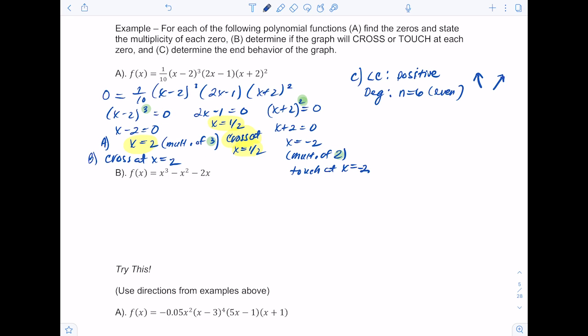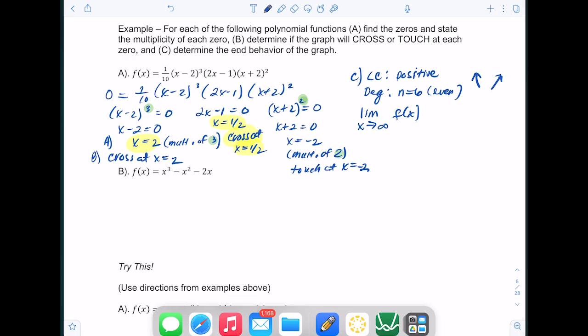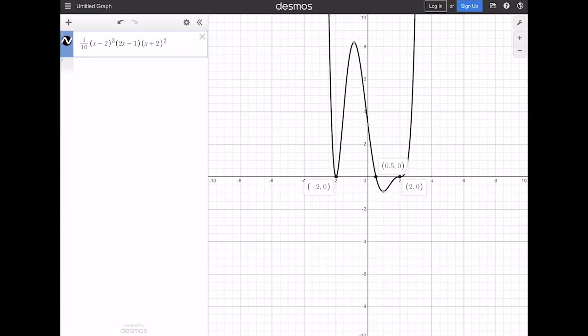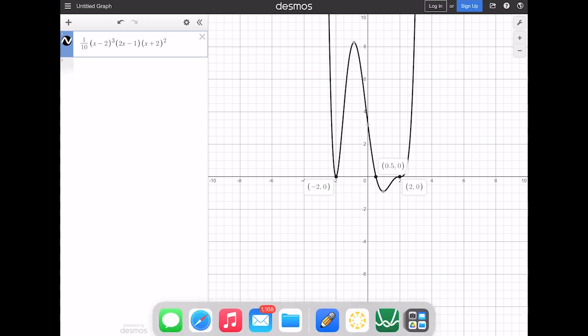So when I write my end behavior, I'm going to express it like this. I'm going to talk about the limit as x approaches positive infinity of f of x. So that just means on the x-axis, so if we look at the graph, if we were to go towards positive infinity on the x-axis, what is the graph doing on that end? Well, on the right side, it's pointing up. So f of x is always going to approach positive infinity.